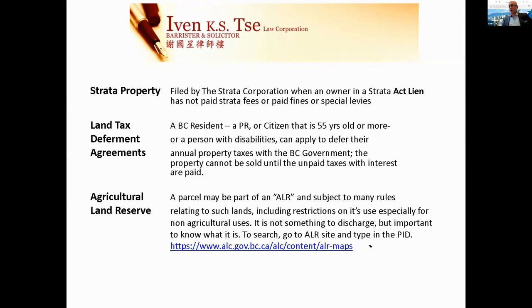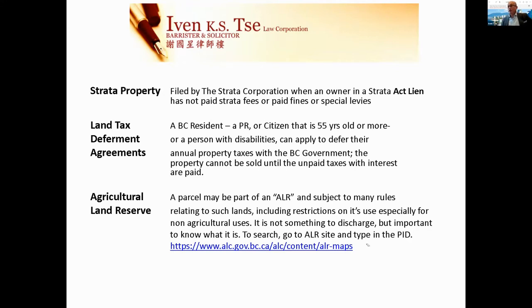It's important to know that there are specific rules as to the use of the lands that are maintained in an agricultural land reserve. It's important to check, for the purposes for which your client wants to buy the property, whether the uses they want are allowed and permitted if it's inside one of these. And if you're not sure if it is or is not in one, then this is where you go. You type in this and you click on the link if you get the hyperlink from me, and then you can check and put it in and find out.